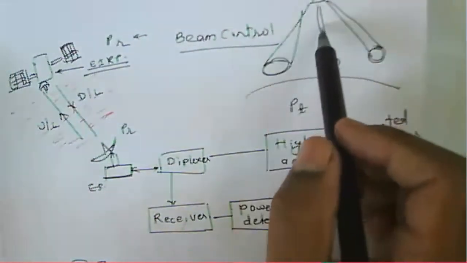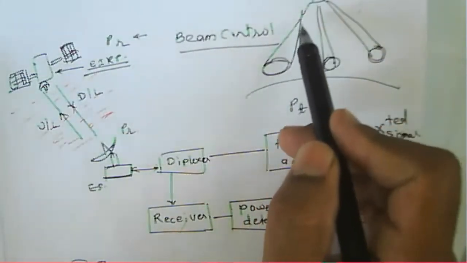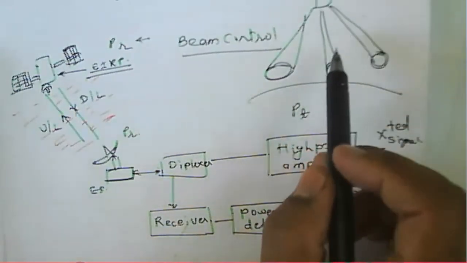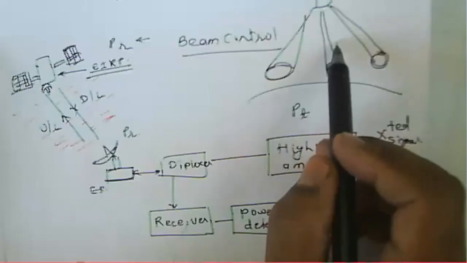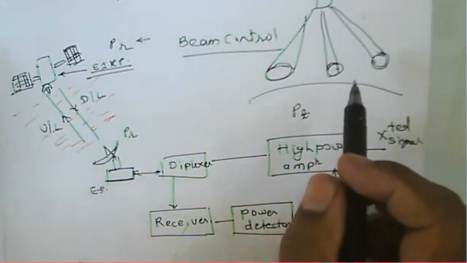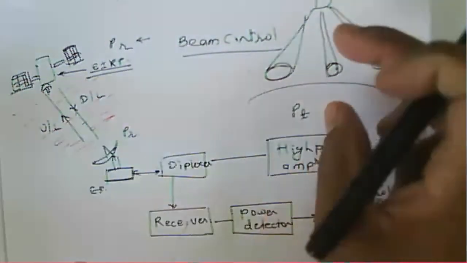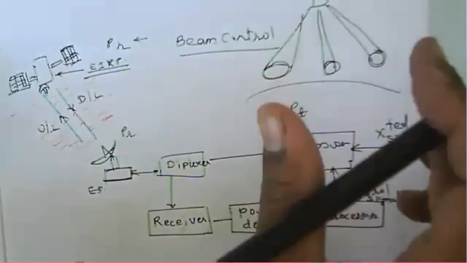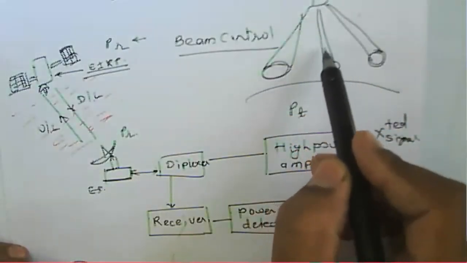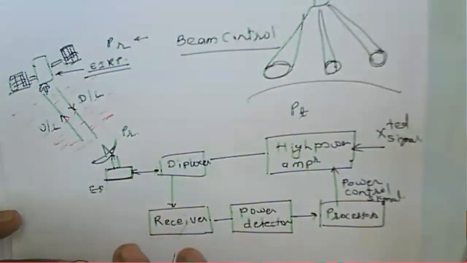So if the satellite operates in a multi-beam mode, whichever the affected region is, that region can be switched to an antenna with a narrow beam, which will provide the high gain. That particular region can be covered using a narrow beam there.